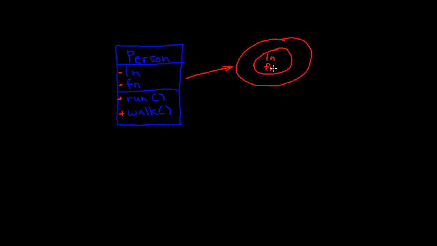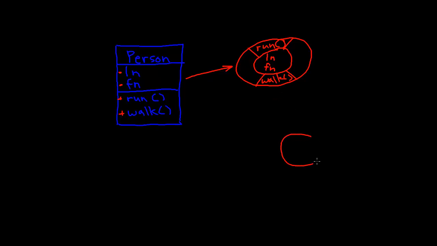So we'll put the last name and first name attributes inside the object, not accessible to the outside world, if you will. And we'll put the methods, run and walk, in the public interface.